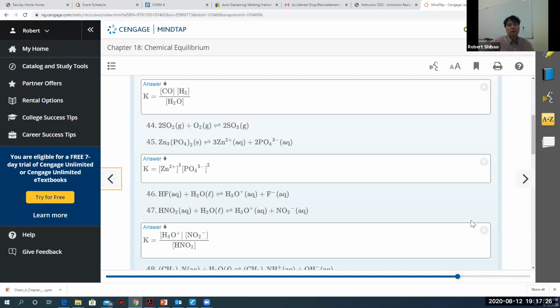Let's say we started off with 100 milliliters of H2O. This is pure H2O, and pure H2O is actually 55.5 moles per liter. So we call it 55.5 molar, or 100%.